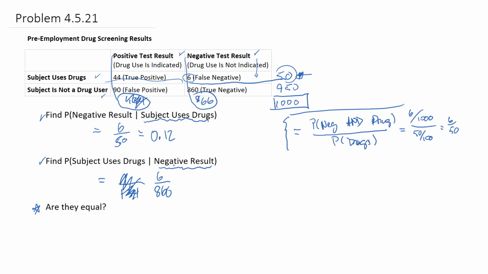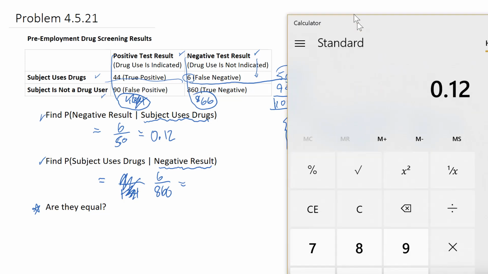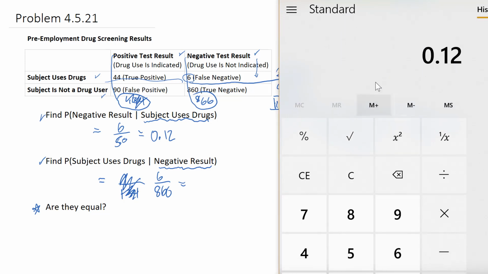And so I think you can tell that there's going to be a big difference between these numbers, but let's just confirm that with a calculator when we divide 6 divided by 866. If I can get my calculator here. All right.